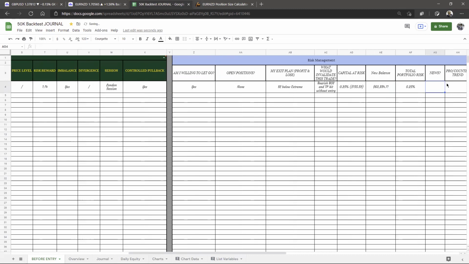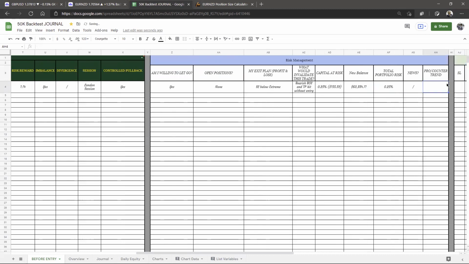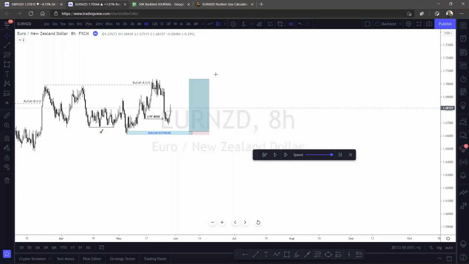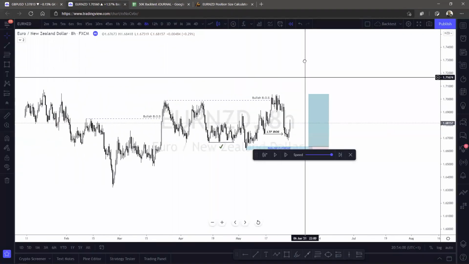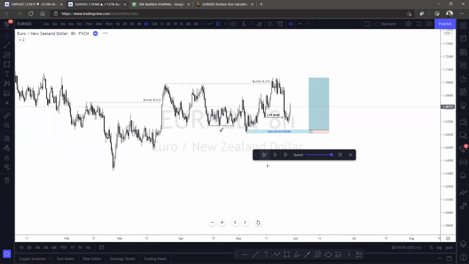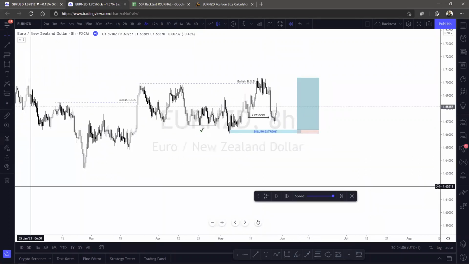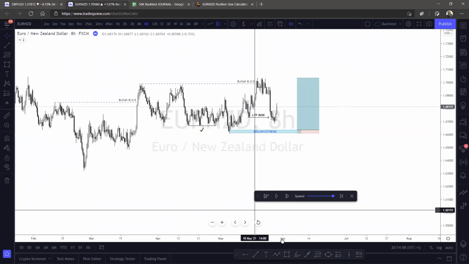Do we have any news? Actually, we can't tell. High time frame, and we'll just put the structural points. So this is the before.